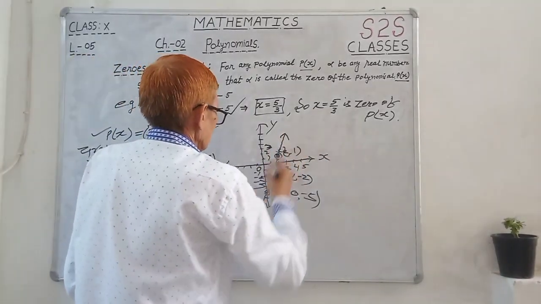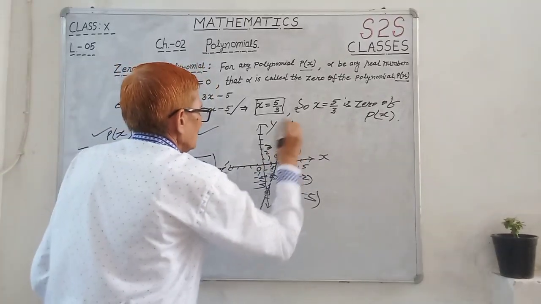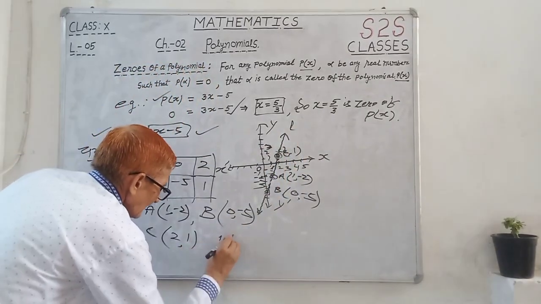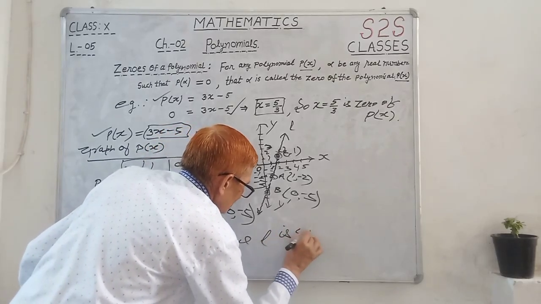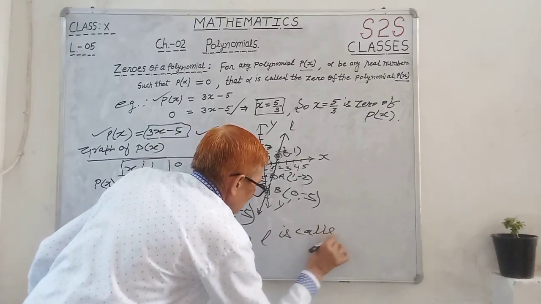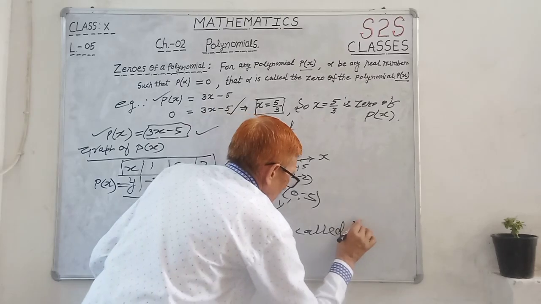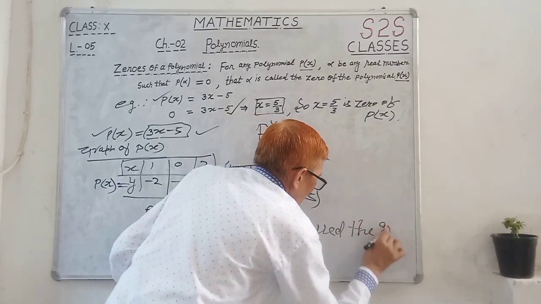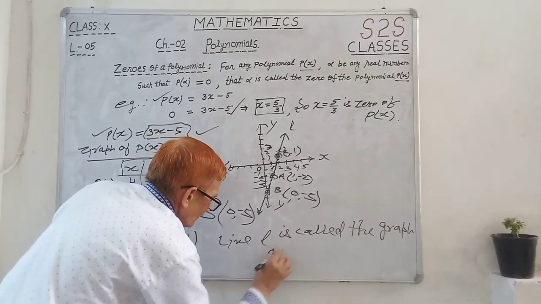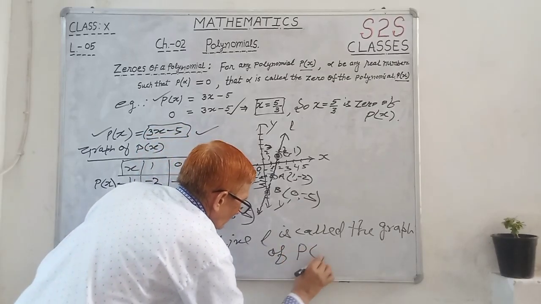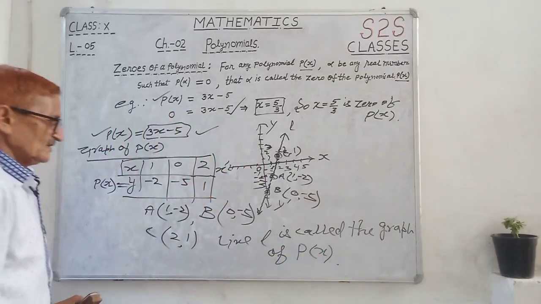So this line L is called the graph of the polynomial px. Okay?